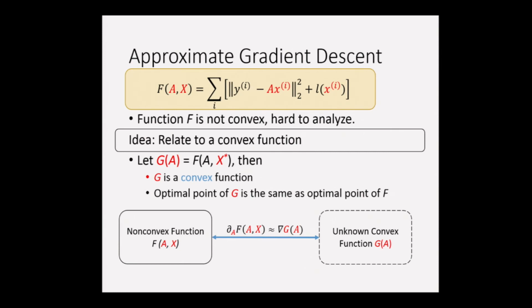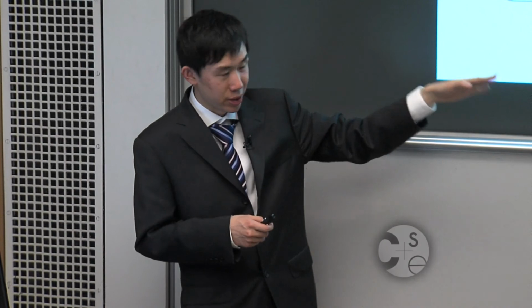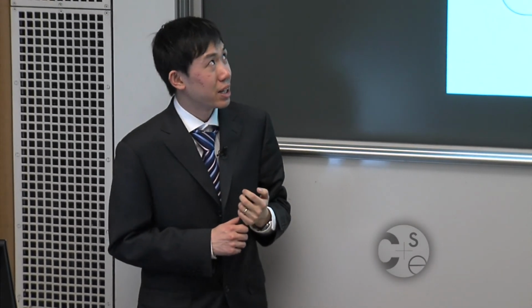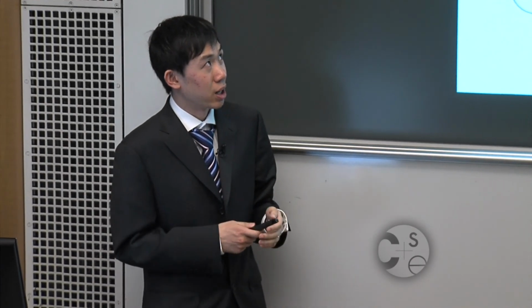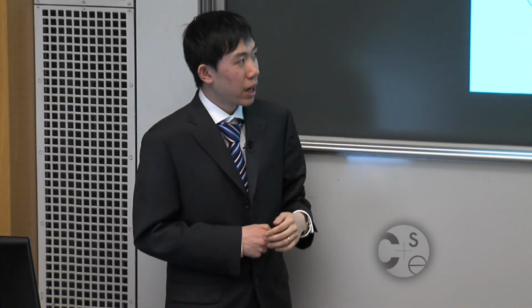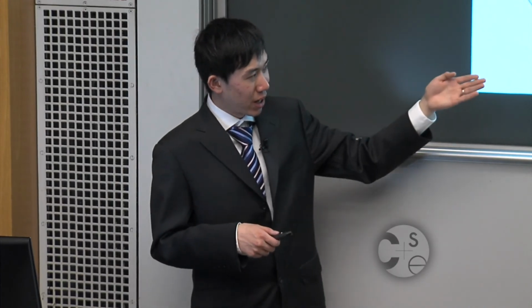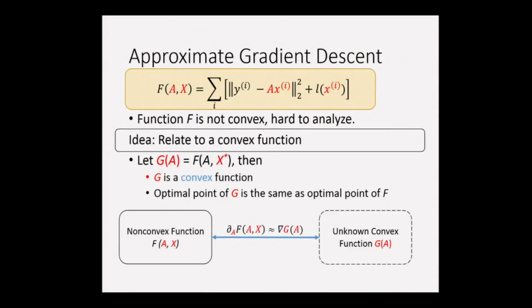So the partial derivative of f with respect to A is very close to the gradient of g. And because we always converge if we follow the gradient of g, we can hope if we follow the gradient of f, we are also fine. So we call this idea approximate gradient descent. And the main problem here is we need to specify what I mean by the gradient of f being close to the gradient of g.